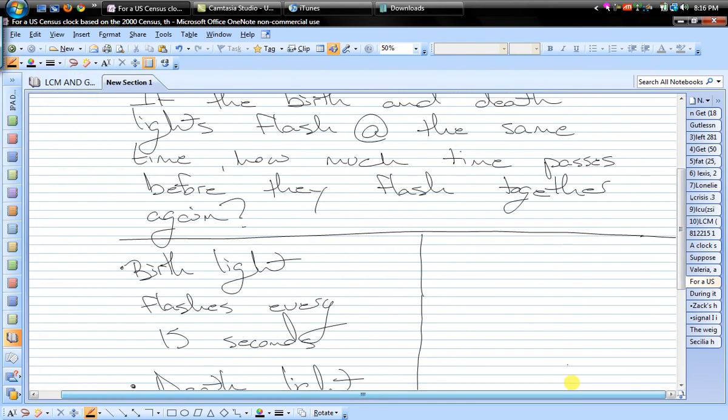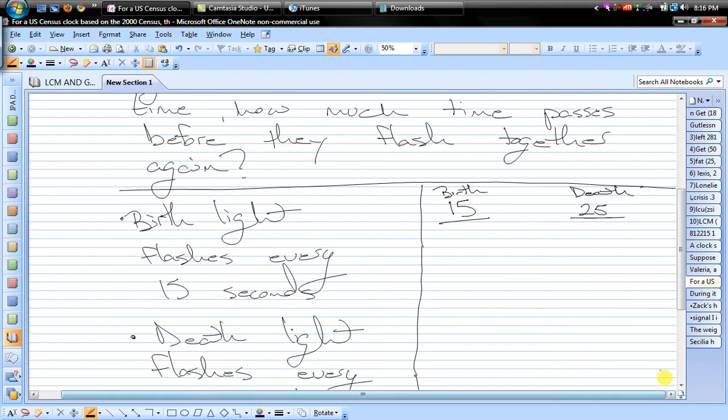So I'm going to take 15 for births and 25 for deaths. And I'm going to perform the prime factorization. That's 3 times 5. That's 5 times 5. Okay, so we're looking for the least common multiple, the smallest number that both 15 and 25 will go into.